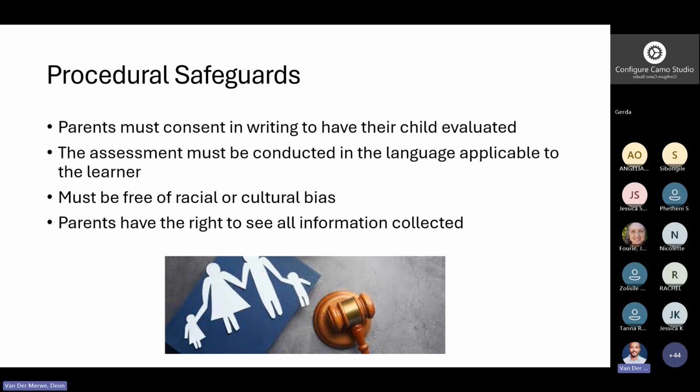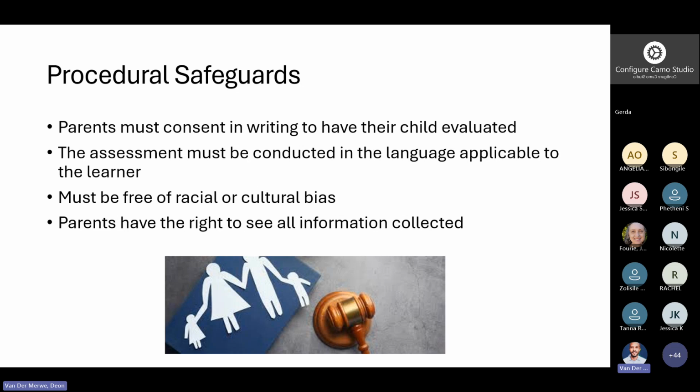Now, we also need to be cognizant of the fact that there are procedural safeguards that have been put in place. These procedural safeguards are rules in Education White Paper 6, as well as the CIAS and SNAS, that really protect the learners who have barriers, as well as their families.